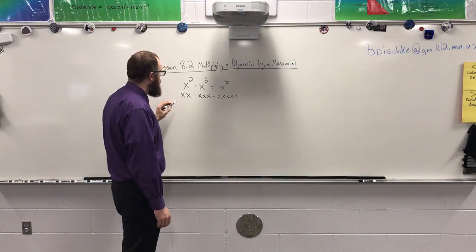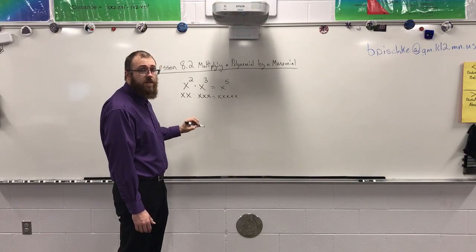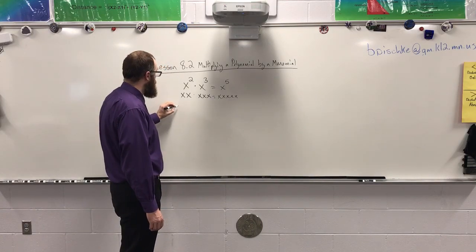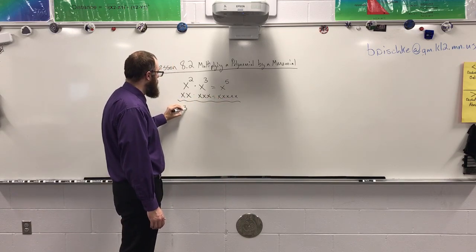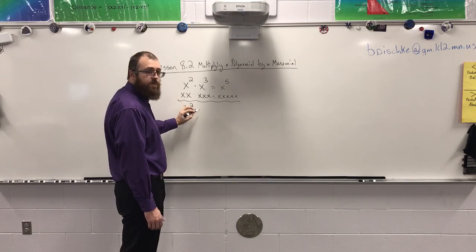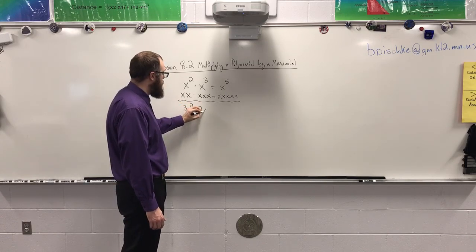Now when we add in coefficients, which are numbers in front of the variables, we end up with situations like this. 3x squared times 2x to the third.